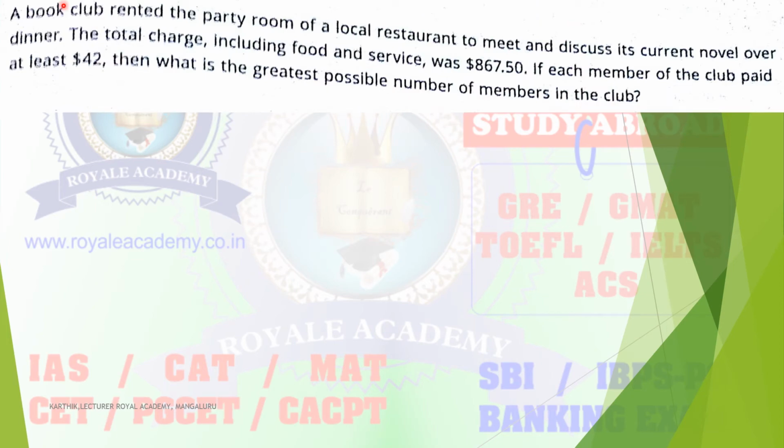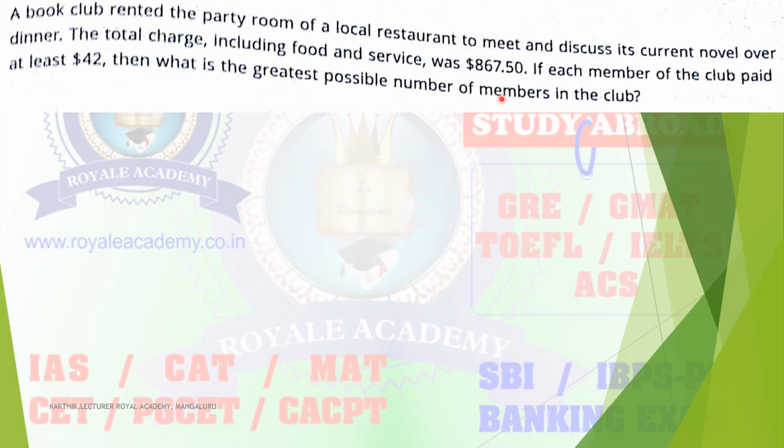Next one. A book club rented a party room of a local restaurant to meet and discuss its current novel over dinner. The total charge including food and service was $867.50. This is the total charge they paid.